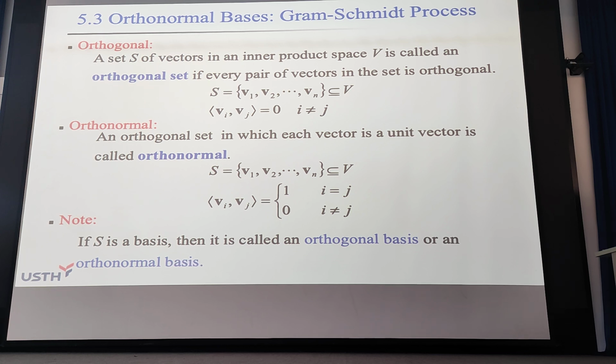In Vietnamese, orthogonal is trực giao and orthonormal is trực chuẩn. And if moreover S is a basis, then we have the notion of orthogonal basis and orthonormal basis, cơ sở trực giao và cơ sở trực chuẩn. I am going to explain to you why we need the notion of the orthogonal basis and orthonormal basis.